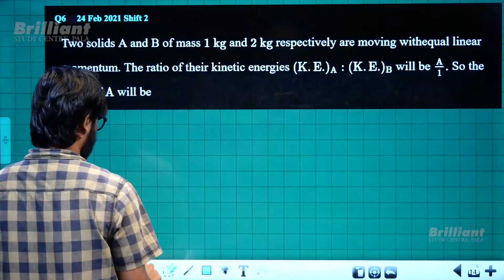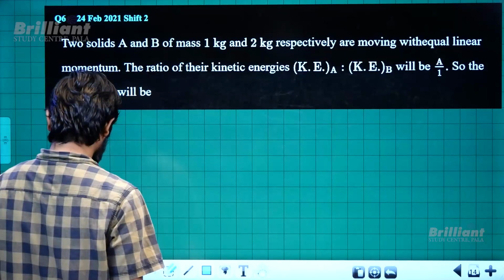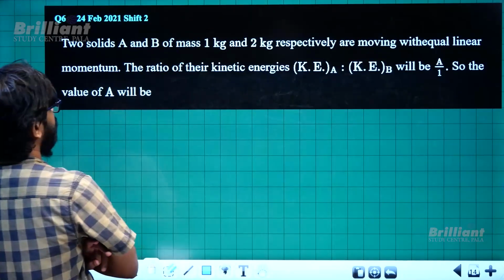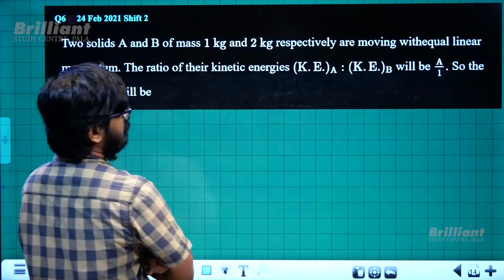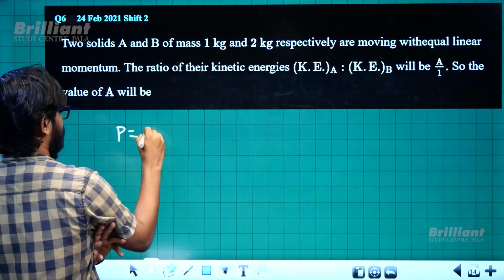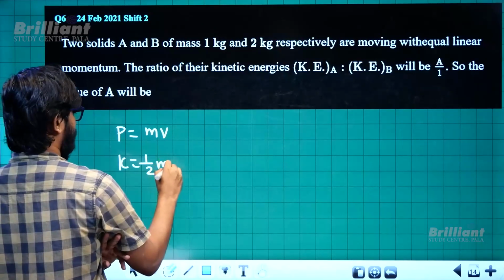Two solids A and B of mass 1 kg and 2 kg respectively are moving with equal linear momentum. The ratio of their kinetic energies you need to find. So momentum will be given by mv, kinetic energy will be given by half m v square, magnitude wise, right?